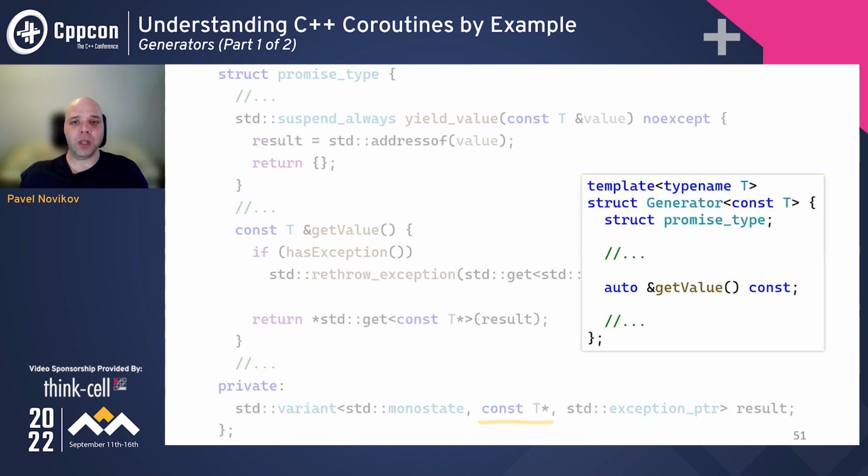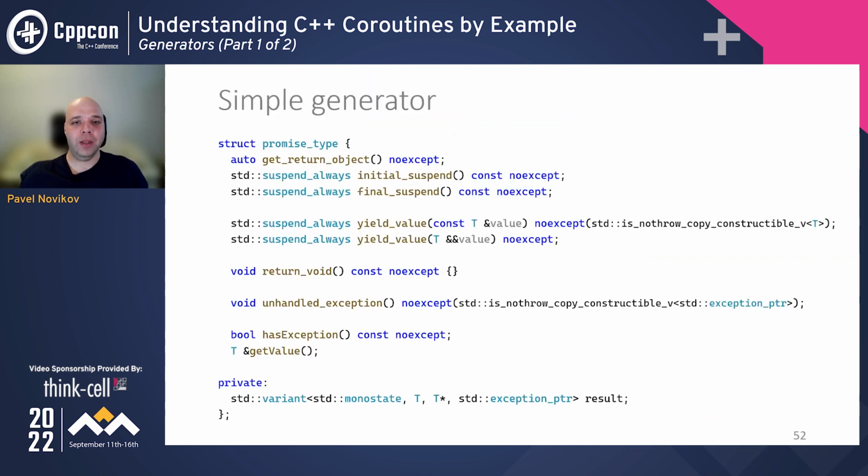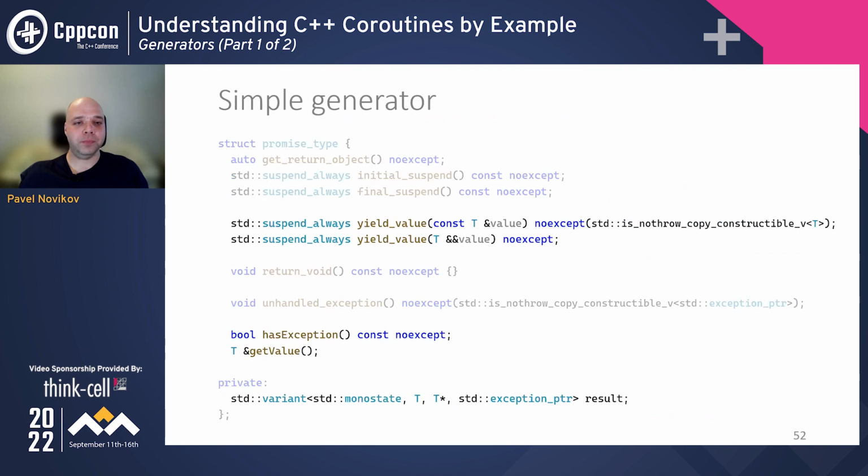And because we defined get value in the generator as returning auto ref, we don't have to change it, but we still have to somehow define a specialization for const T types. So these are the changes.